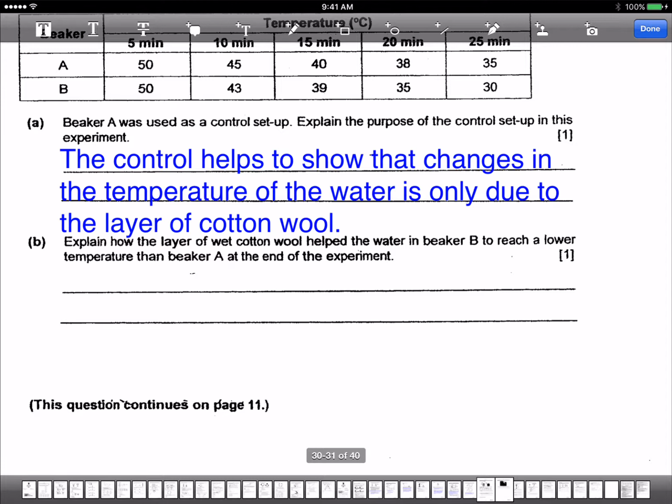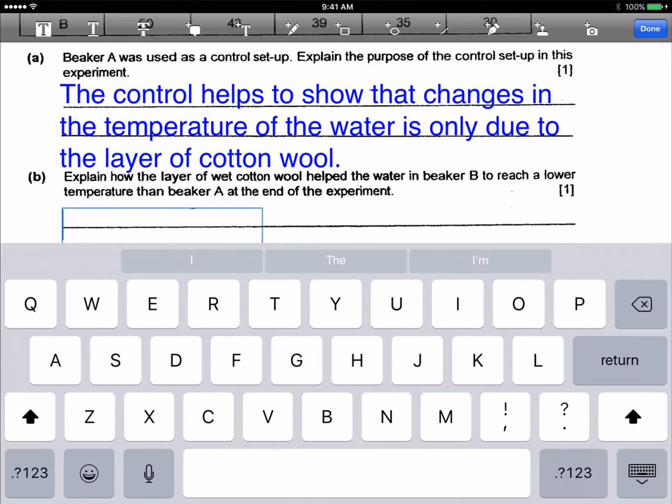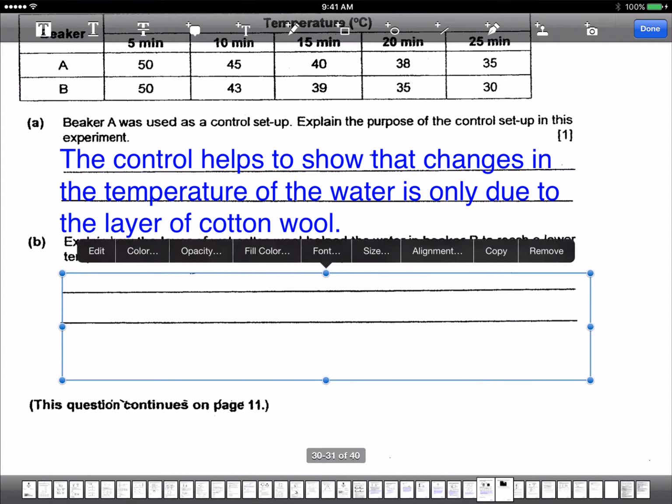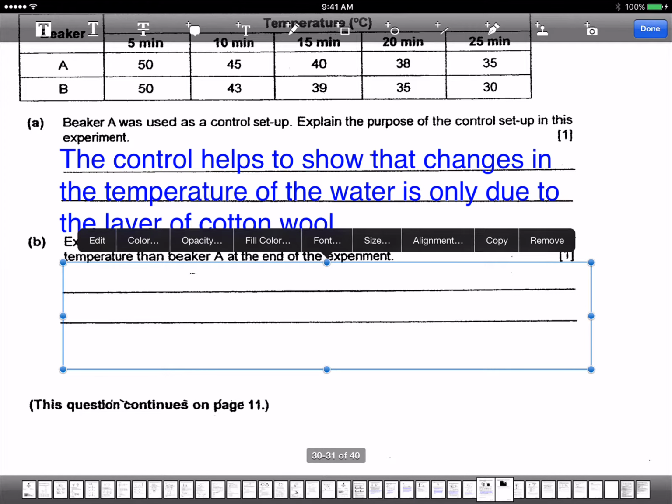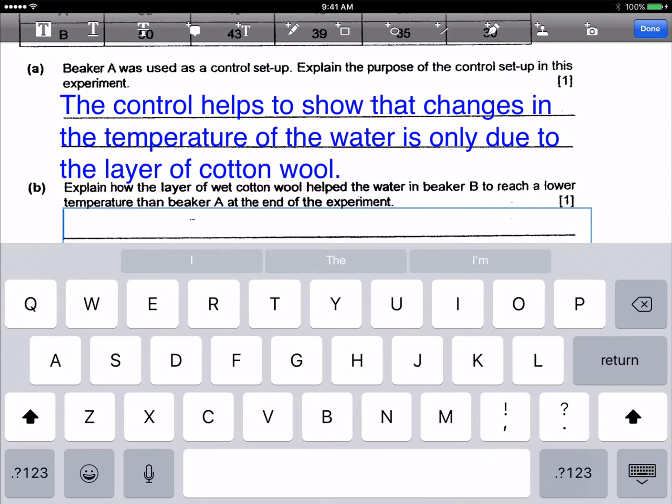The concept is correct, but you have to explain it properly. Now, how come the temperature will decrease? It must lose heat. So how come evaporation allows it to lose heat?